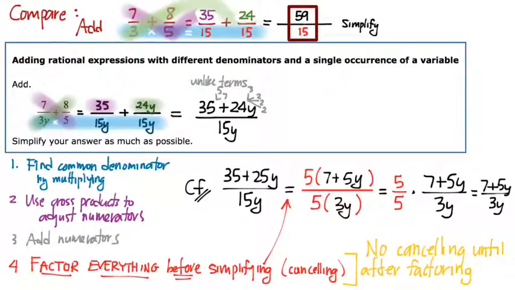And so 35 and 24 have no common factors for me to bring out of 35 plus 24y. So since I can't factor it, I can't cancel anything. Can't factor, so can't cancel, which means that we must be in lowest terms, making this our final answer.